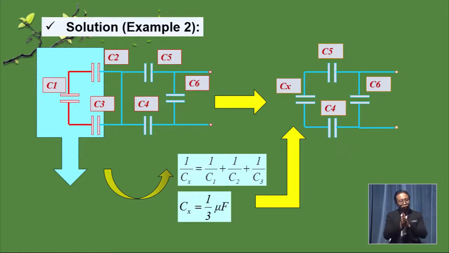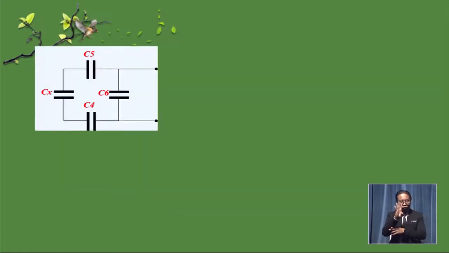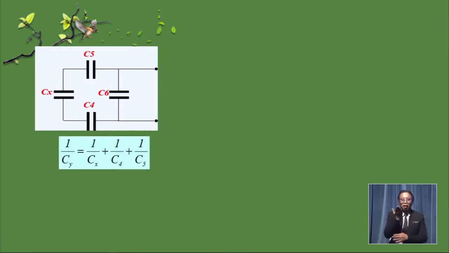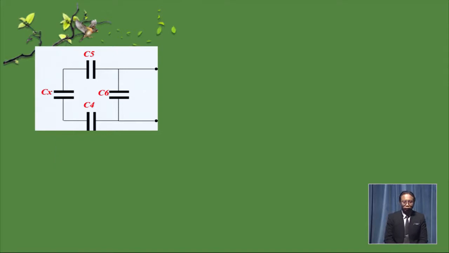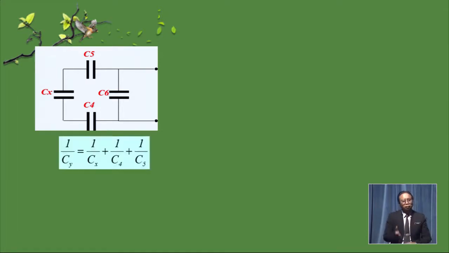Since capacitors Cx, C4, and C5 are connected in series, then 1 over Cy equals 1 over Cx plus 1 over C4 plus 1 over C5.